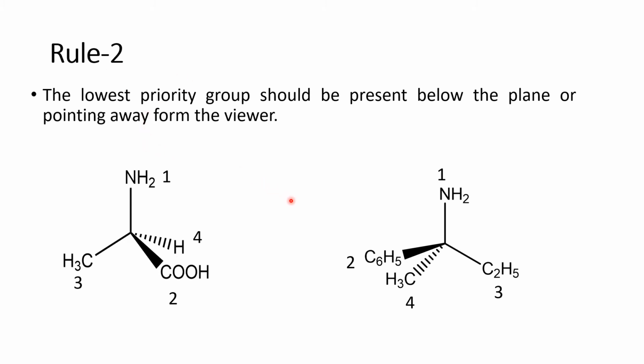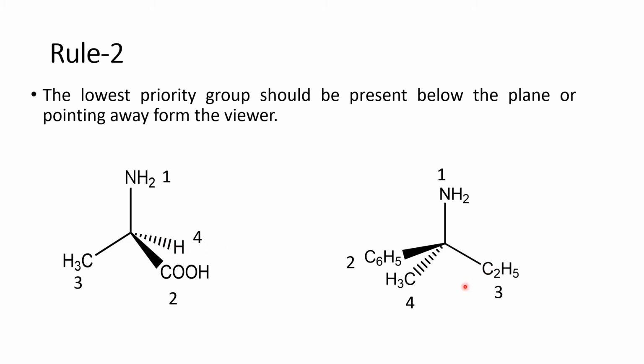So the first rule states that all the atoms or groups attached to the stereogenic center or chiral center should be assigned according to the priority order that I have given. The second rule states that the fourth priority group or atom should be present away from the viewer, below the plane, that means in the dotted lines.